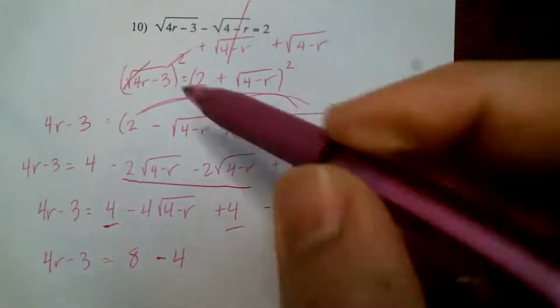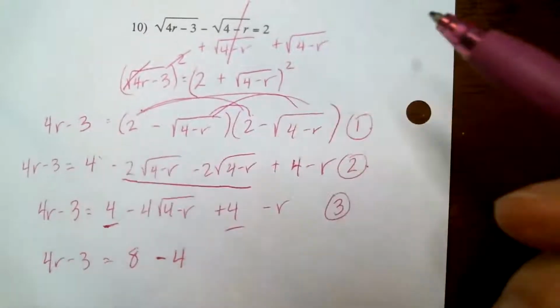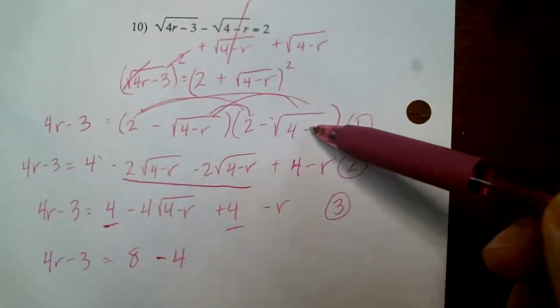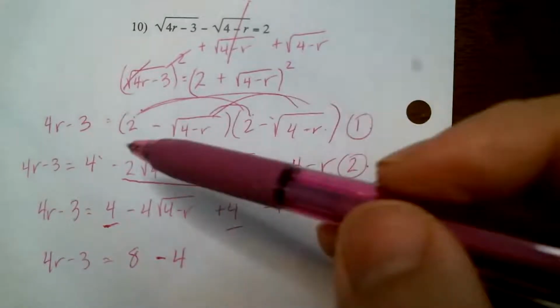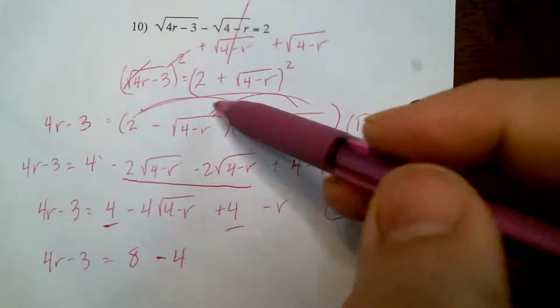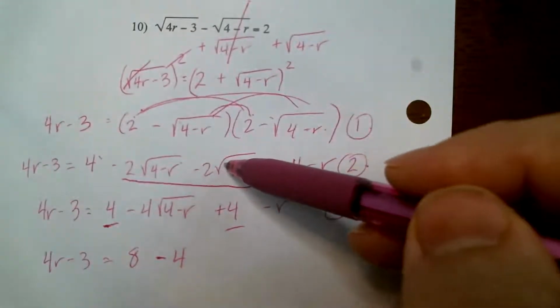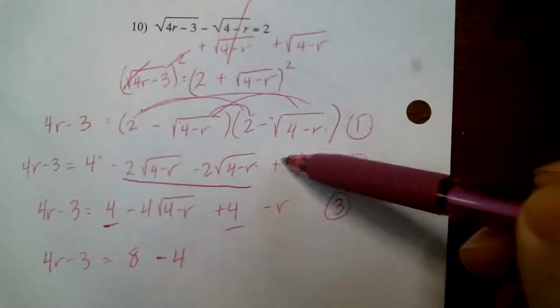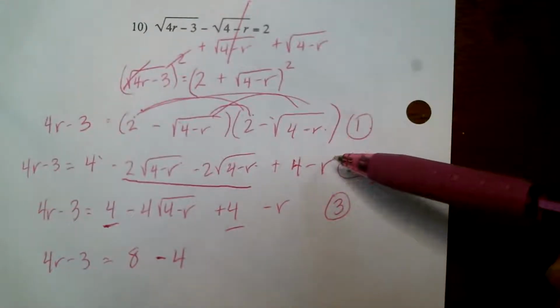So going back to line 1, 2 times 2 is 4. 2 times negative radical 4 minus r would be negative 2 radical 4 minus r. Then go inside, that would be negative 2 radical 4 minus r. And then a negative times a negative would be a positive, and then whatever's on the inside, 4 minus r.